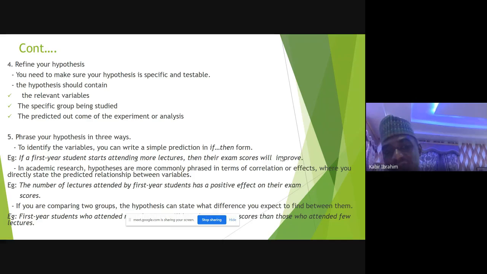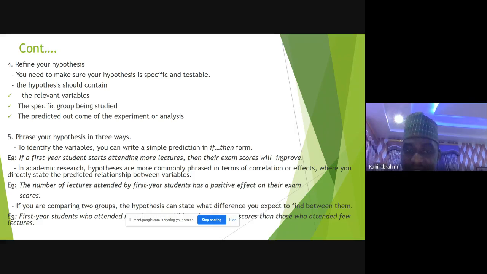So now you write your hypothesis in if-then form. If a first-year student starts attending more lectures, then their exam score will improve. Then number 2, in academic research, which is more scientific, hypotheses are more commonly phrased in terms of correlation or effects.